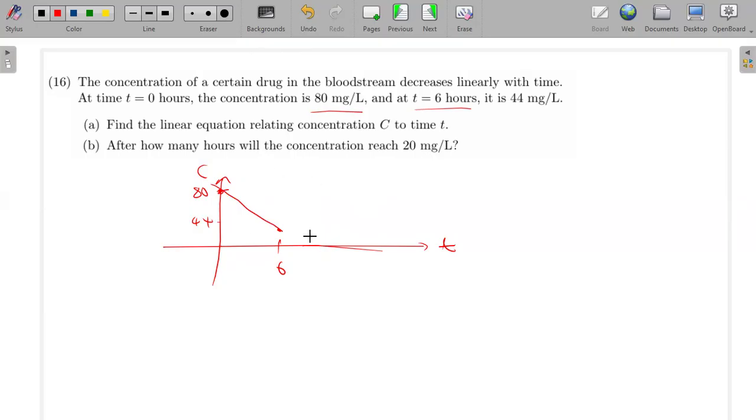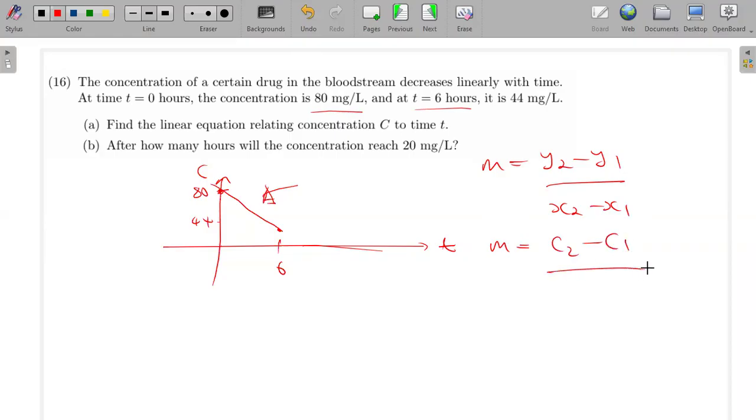So to find the equation of this line, I need to find my slope, or the gradient. Since I have these 2 points, I can use the formula for the gradient, commonly written as m is equal to y2 minus y1 divided by x2 minus x1. In our case, y is concentration, so concentration 2 minus concentration 1, divided by time 2 minus time 1.